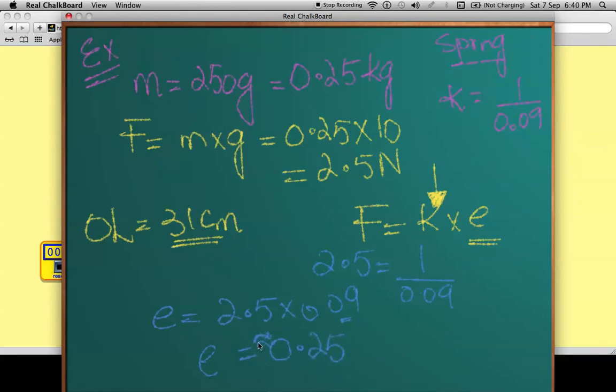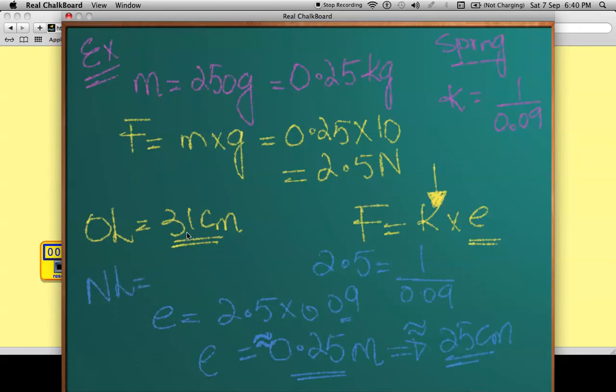I'm just approximating because I don't have a calculator here. So the extension is approximately 0.25 meters. Let's convert this into centimeters. Just multiply this by 100. This gives me approximately 25 centimeters.